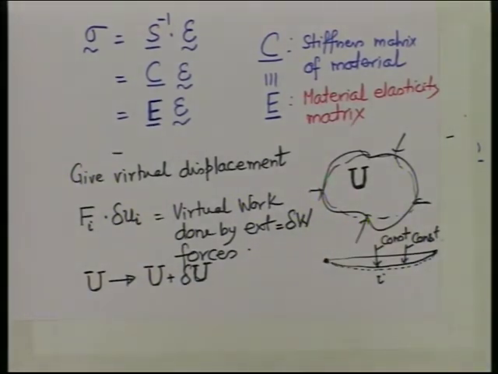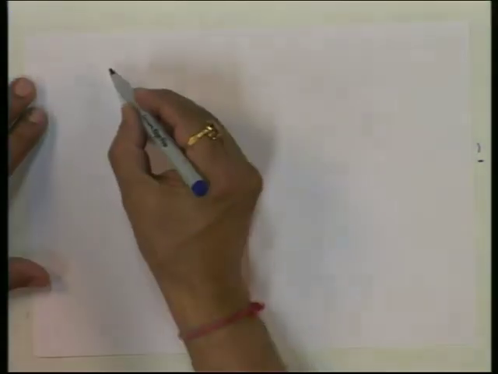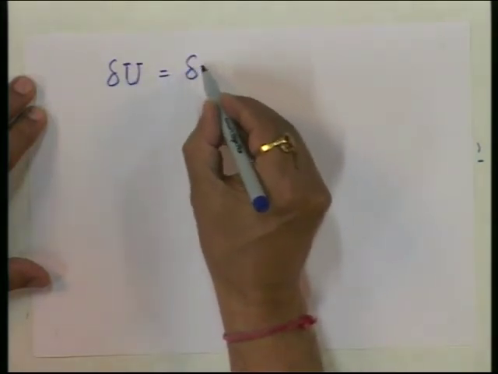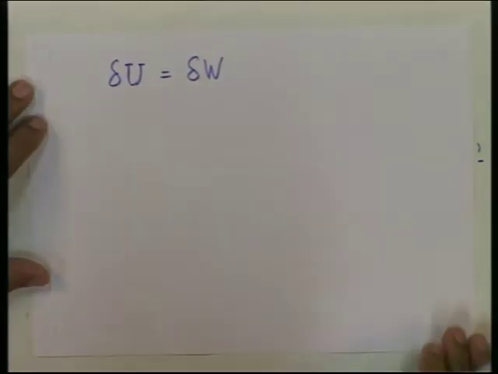So, the principle of virtual displacement is very simple. If you are attentive, you will remember this. The principle of virtual displacement states that under this condition, delta W equals delta U: the small virtual work done by the external forces is equal to the small change in the strain energy.